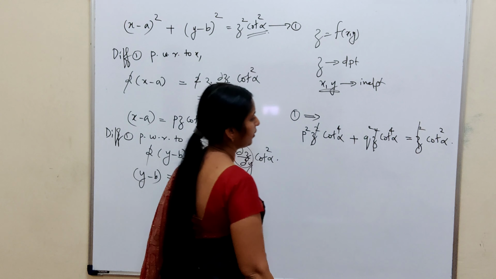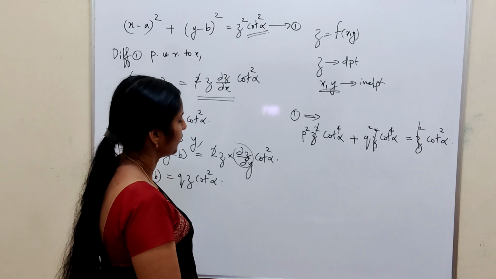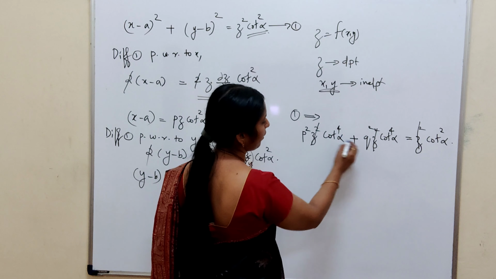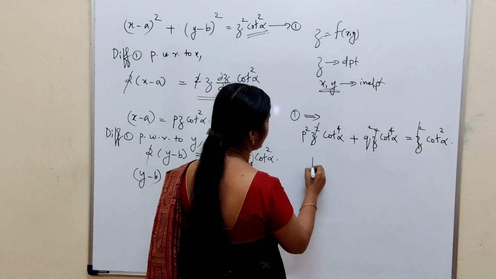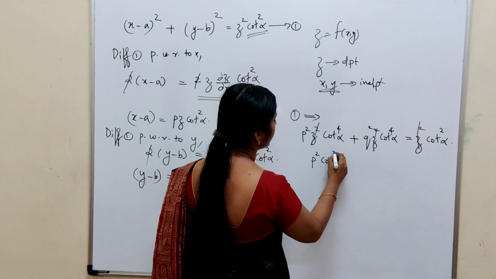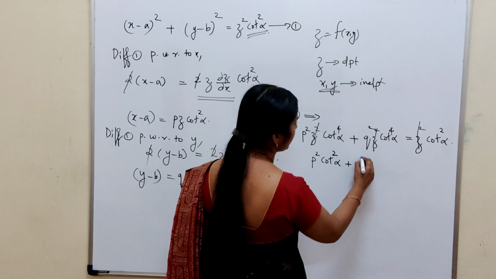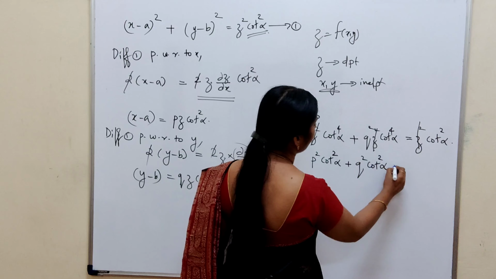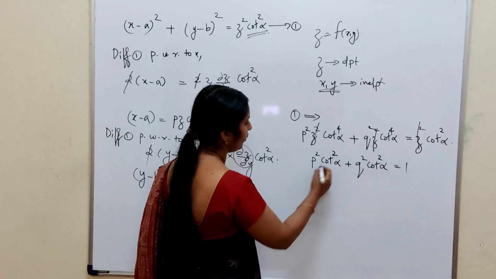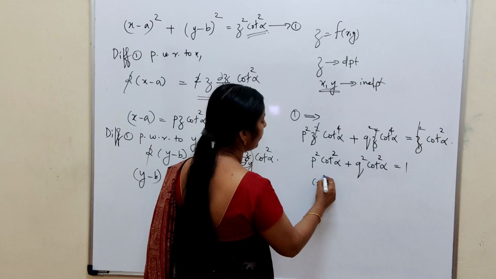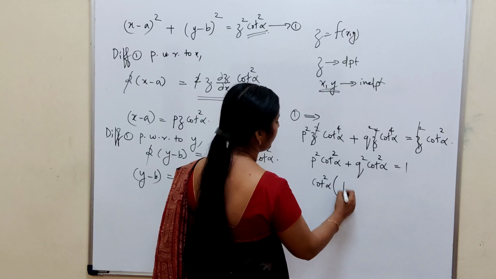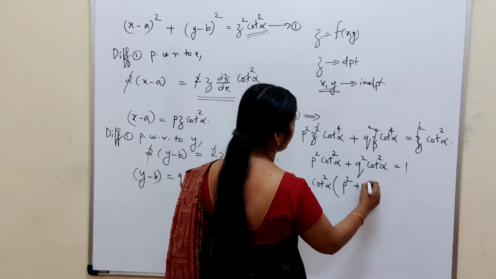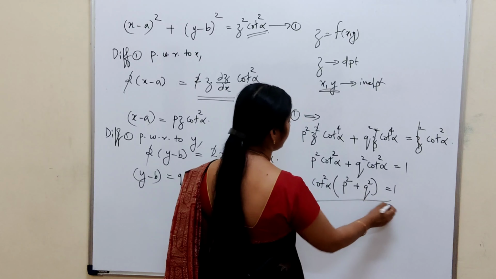You can remove it. And again you can remove a cot square alpha. So it is p square cot square alpha plus q square cot square alpha is equal to 1. You take cot square alpha common outside. P square plus q square is equal to 1.